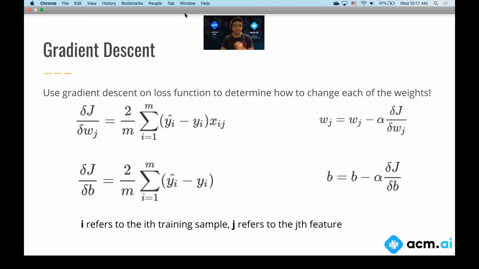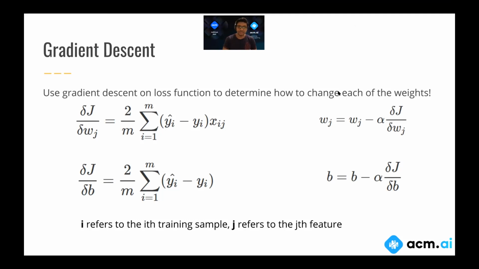What is the true output and what is the prediction, and multiply that with the actual set of input values that we want to use. So yeah, M is just the total number of training samples.